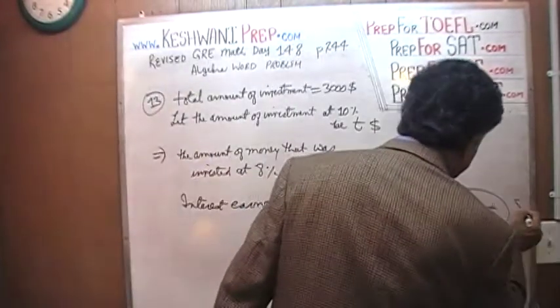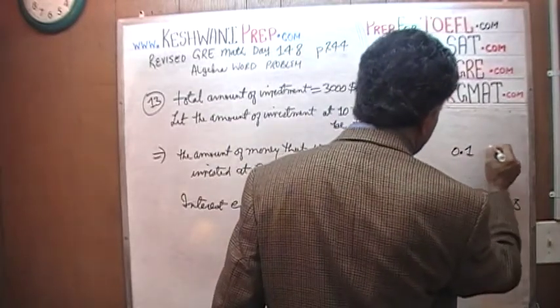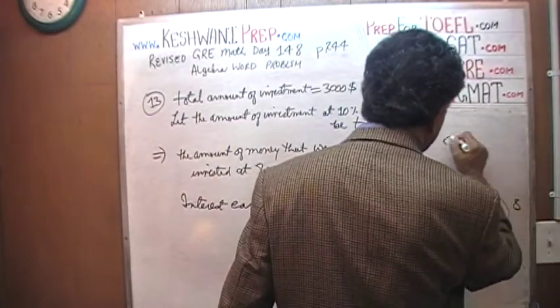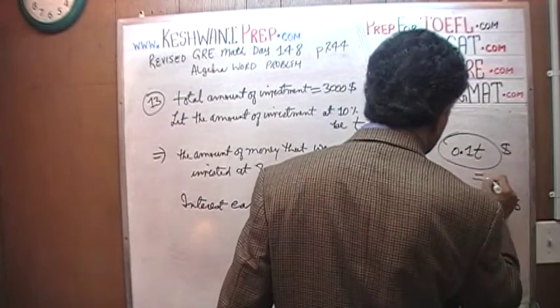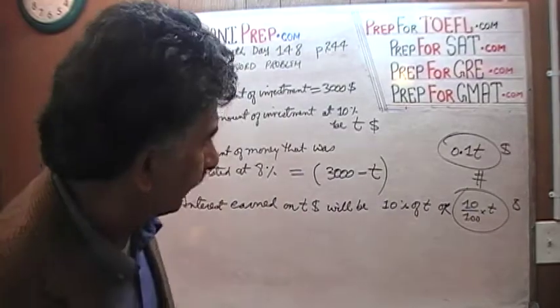This is the amount of dollars here. We could write 10% as 0.1 times T, which is fine too. These are equal. It's the same amount.